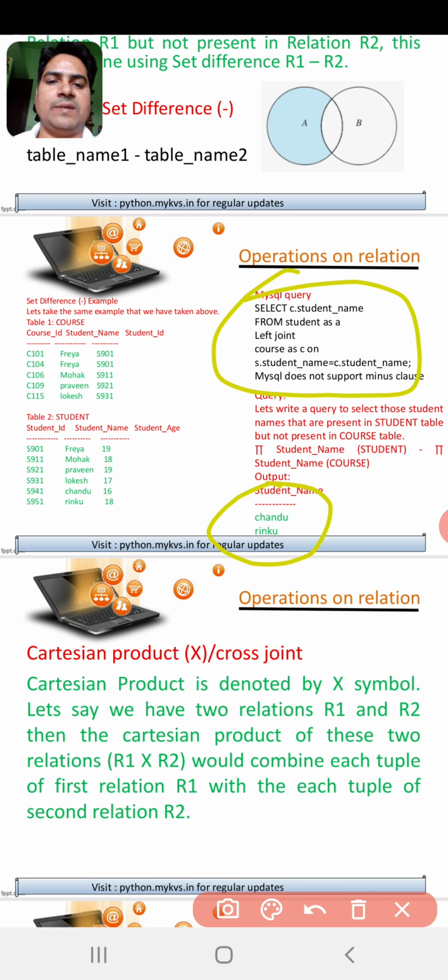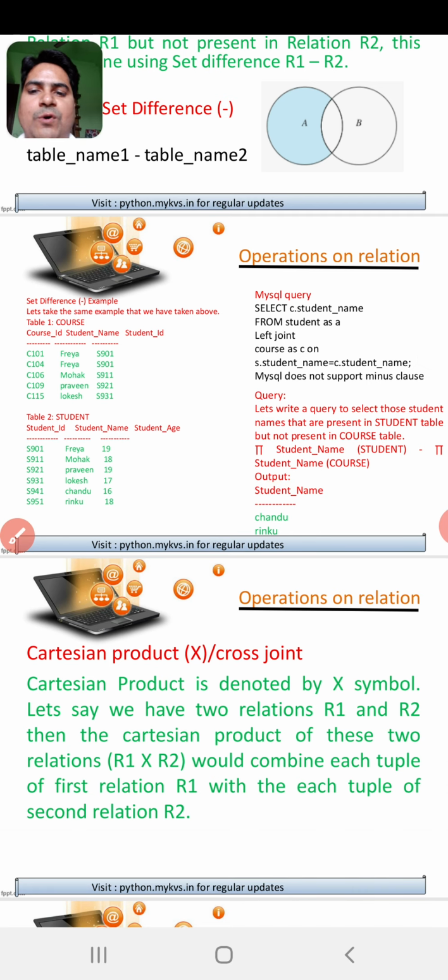S dot student name is equal to C dot student name. Means the values which are common are rejected and only left join is performed. Means the new values on the left side are selected and given as output. Chandu and Rinku are the values.